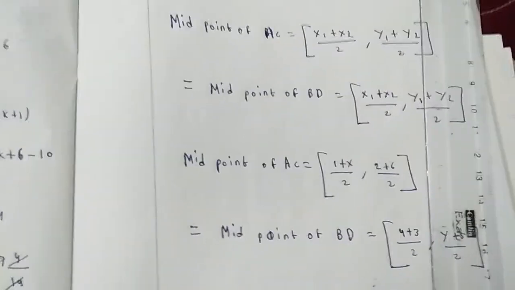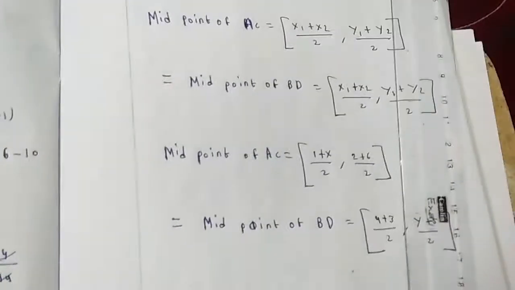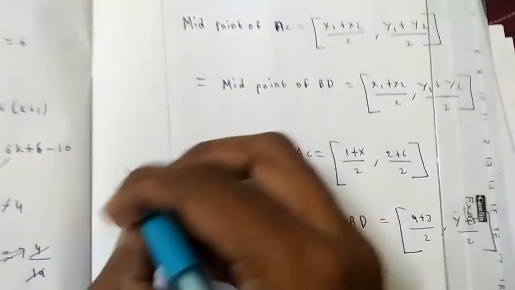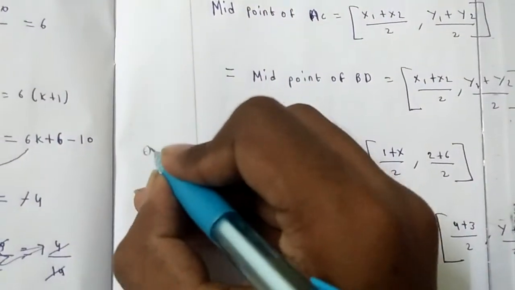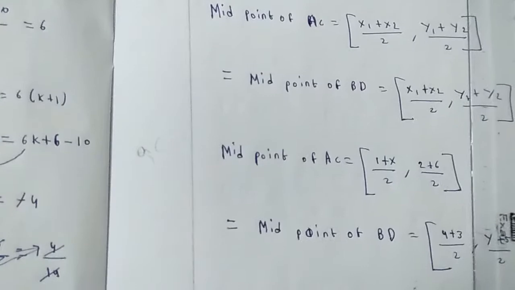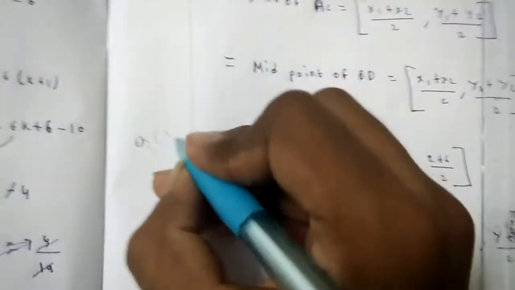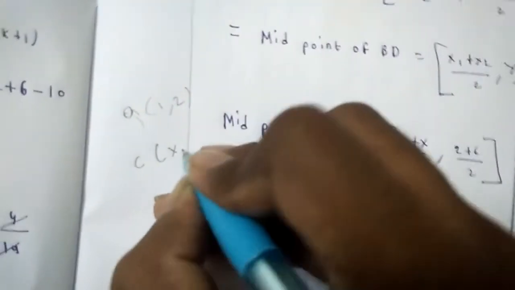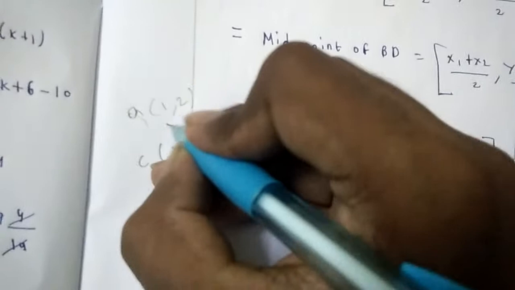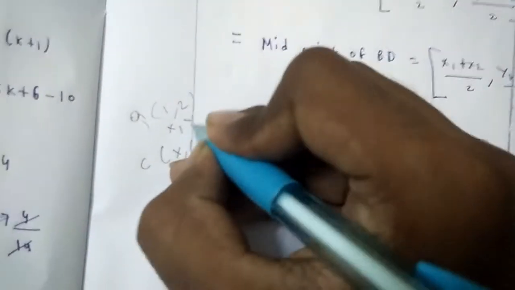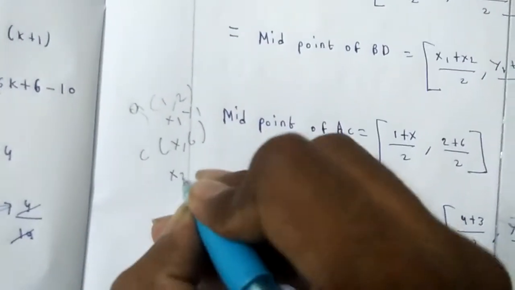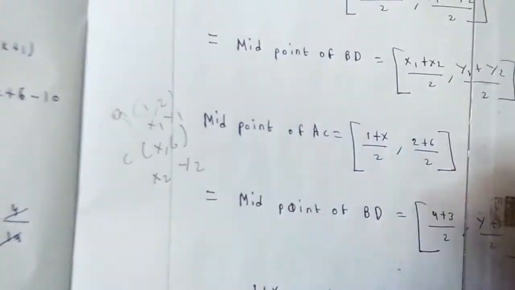For AC, the points are A(1, 2) and C(x, 6). Consider 1 as x1, 2 as y1, x as x2, and 6 as y2.